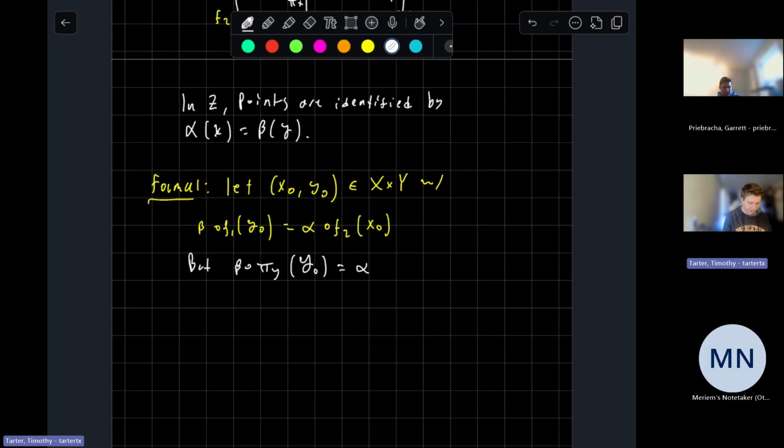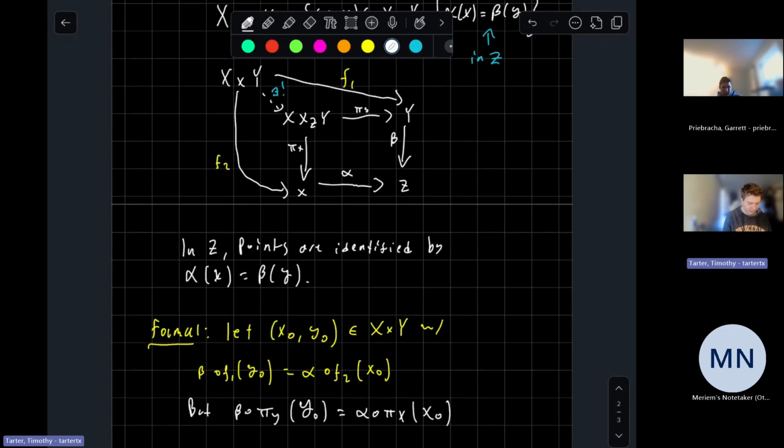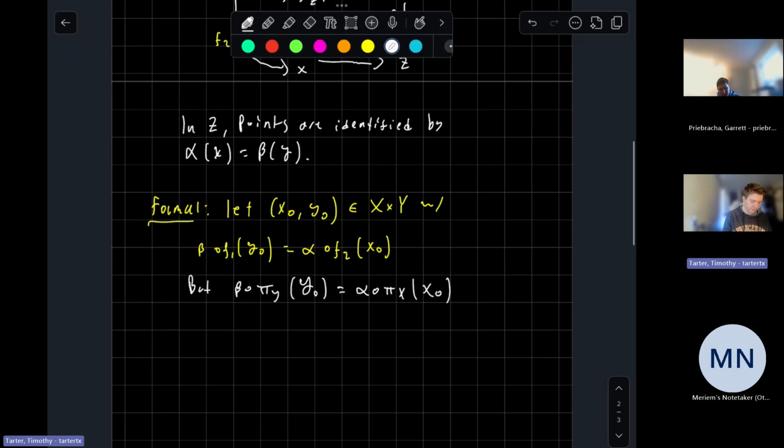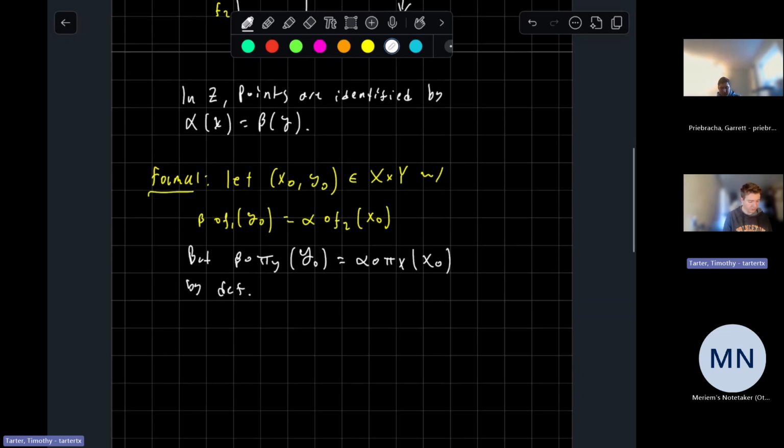Is equal to alpha composed with pi x, x naught, by definition, and so basically we can factor.